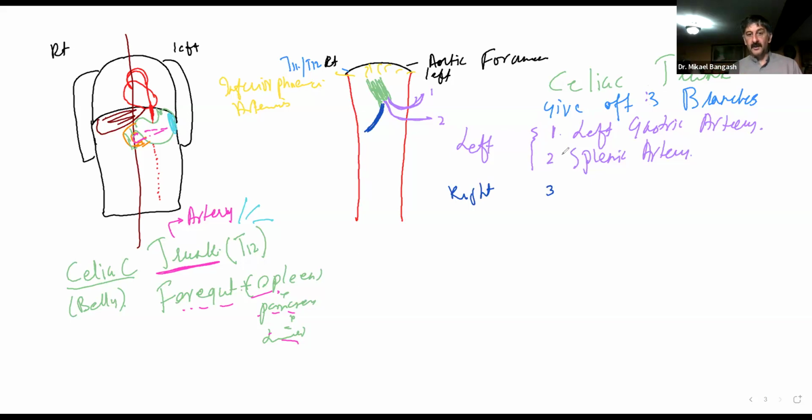Nobody's going to ask what's the first branch given off by the celiac trunk, what's the second branch. No, that's just for us. And what do you call this artery here? That is going to be referred to as the common hepatic.